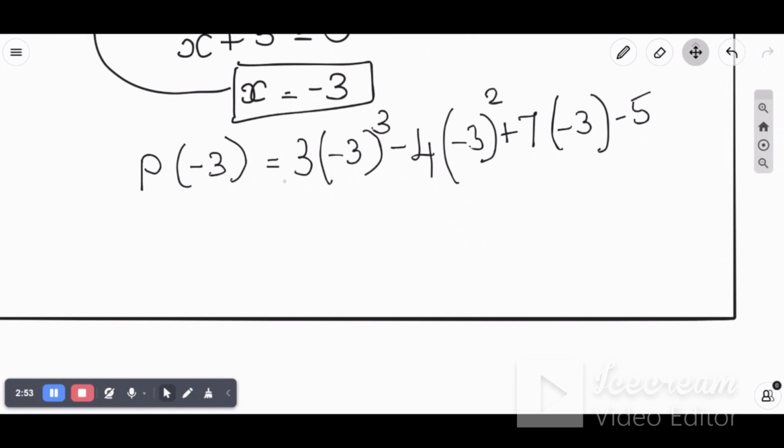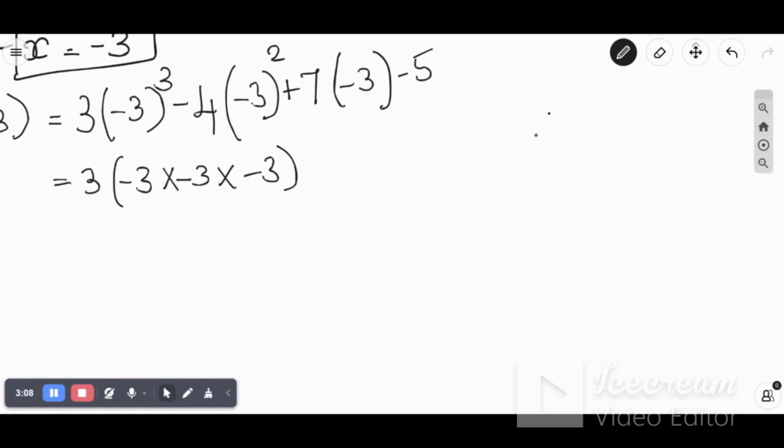The next step will be 3 into minus 3 the whole cube. Let us do this part separately. That will be minus 3 into minus 3 into minus 3.